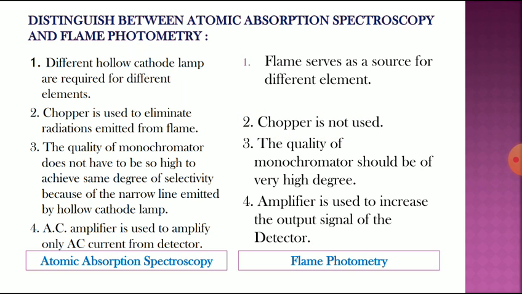So in AAS, the quality of the monochromator does not have to be so high to achieve the same degree of selectivity, because of the narrow line emitted by the hollow cathode lamp. In the case of a flame photometer, the quality of the monochromator should be of a very high degree. An AC amplifier is used to amplify only the AC current from the detector in AAS. In a flame photometer, an amplifier is used to increase the output signal of the detector.